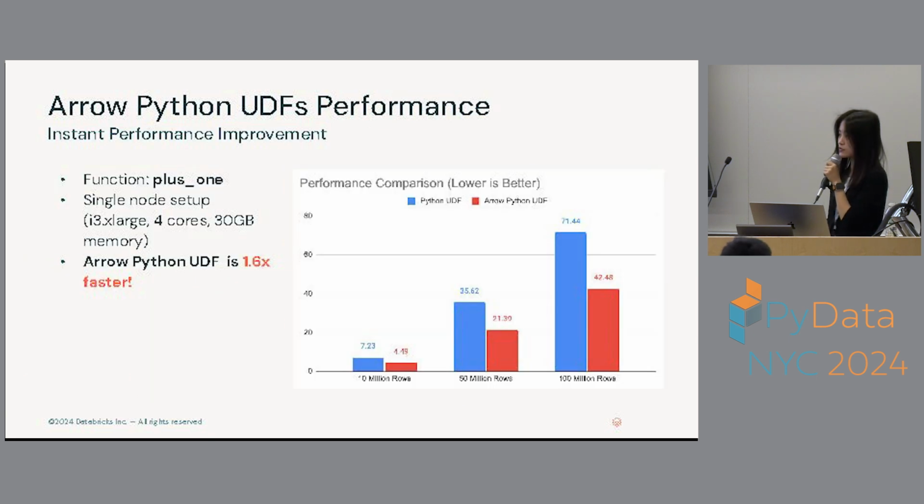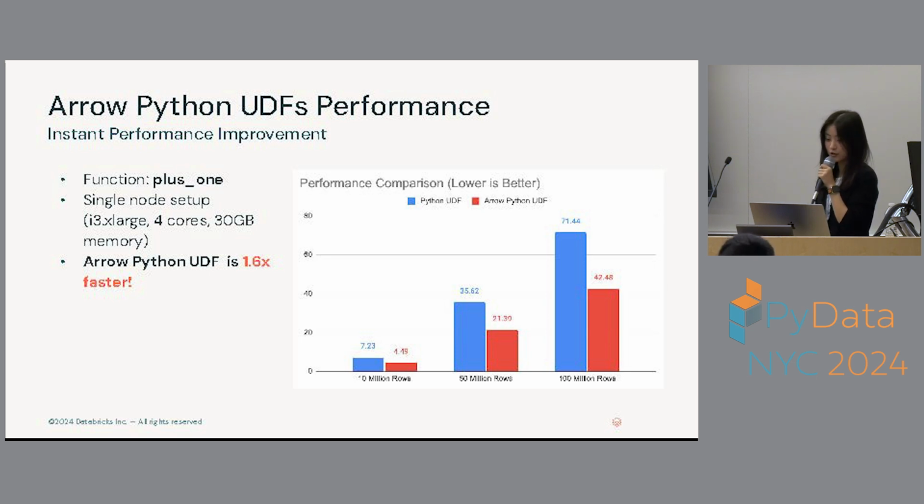Arrow here is much faster than pickle because it's a more specialized format. It uses an in-memory columnar format, which is optimized for structured data and has better compression. So this reduces the serialization cost of the transfer between the JVM and the Python worker, and overall speeds up the data transfers and improves UDF execution.